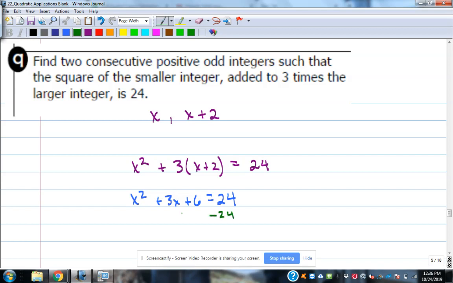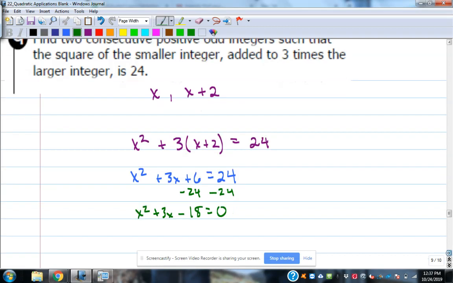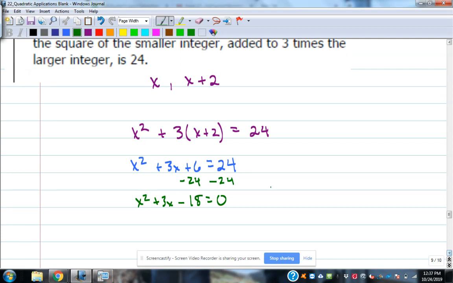Subtract 24: x squared plus 3x minus 18. Multiply to be negative 18, add to be 3. Yeah, 6 and negative 3. Good job. So x plus 6, x minus 3.